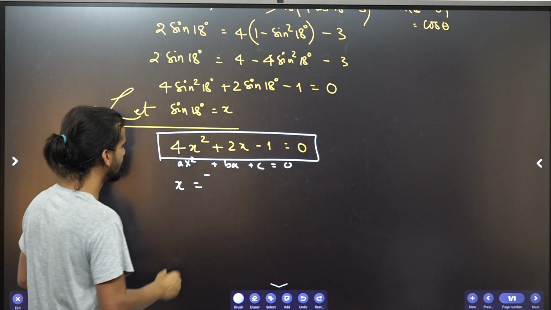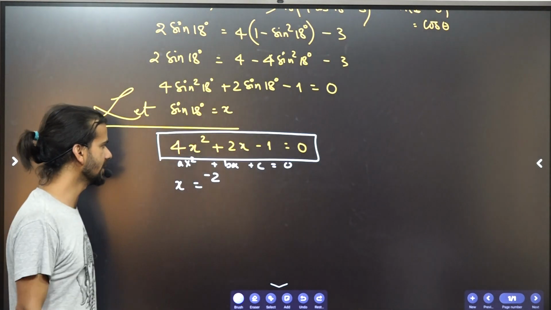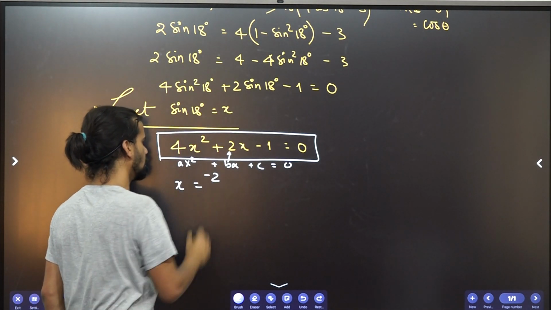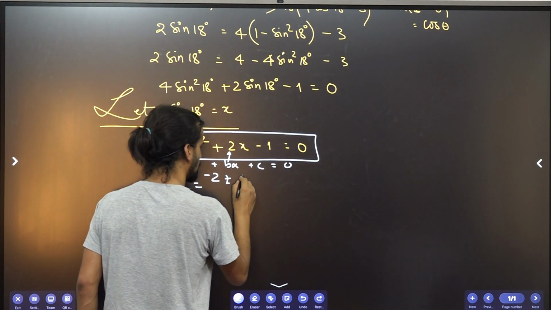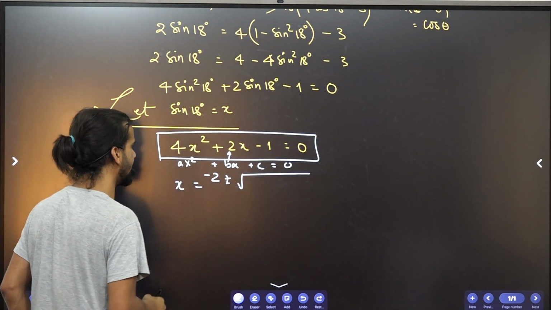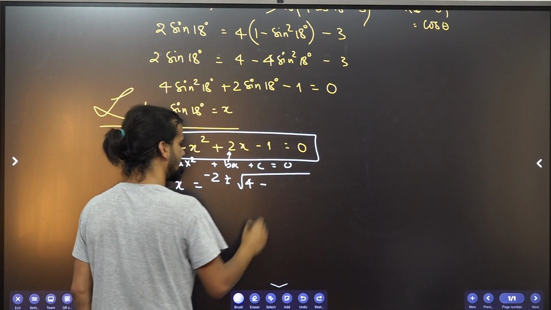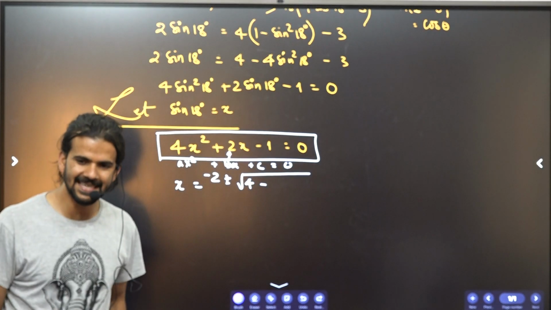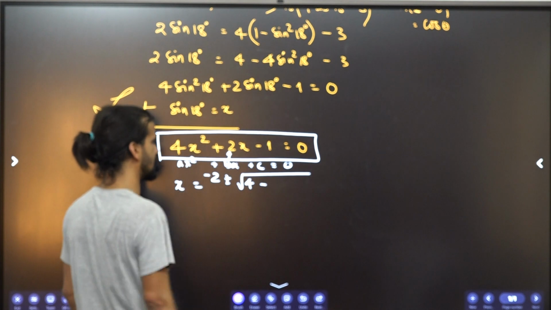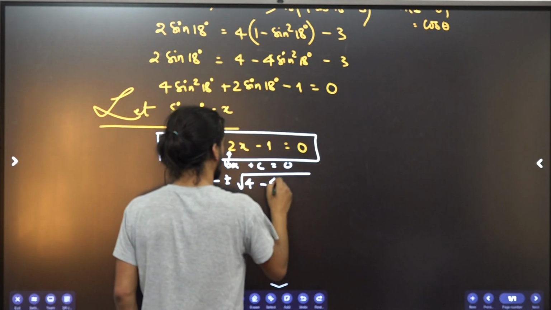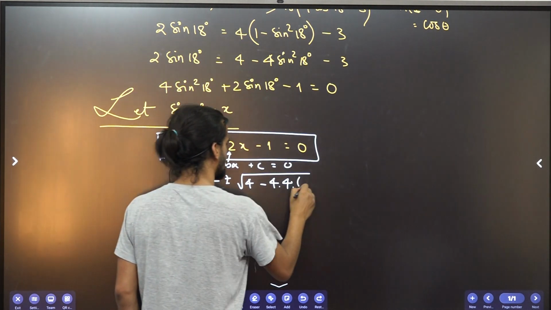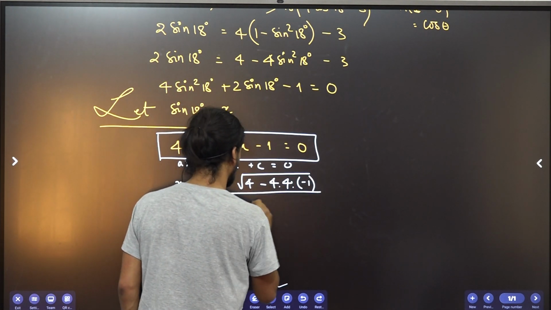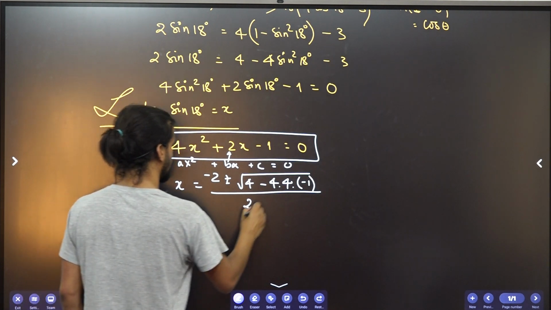What is b? 2, right? Minus b plus minus root over, what is b square? 4, minus 4ac, 4 times a times c. 4a is 4, c is minus 1, divided by 2 times a, which is 4.